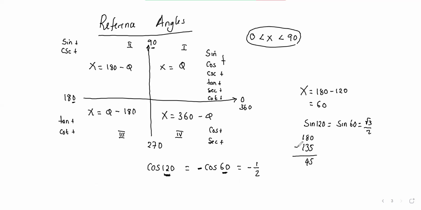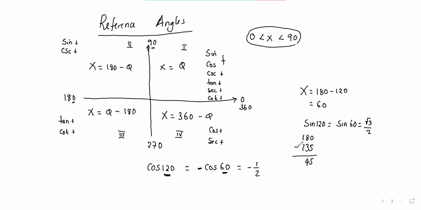To get 45, you subtract from 180. Isn't it in the third quadrant? 135 is in the second quadrant. Bigger than 90, less than 180.